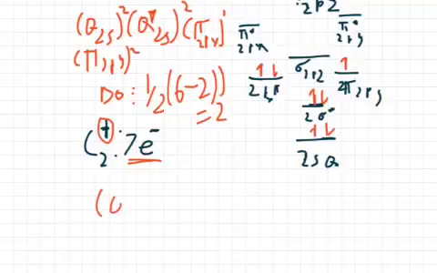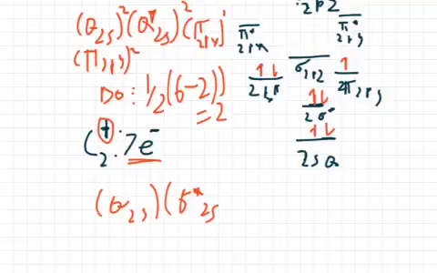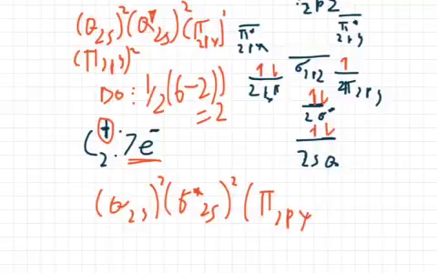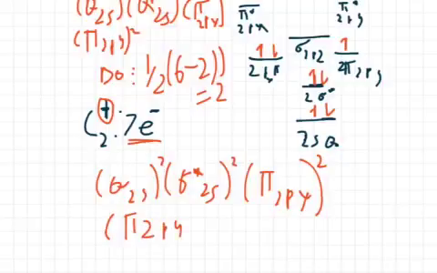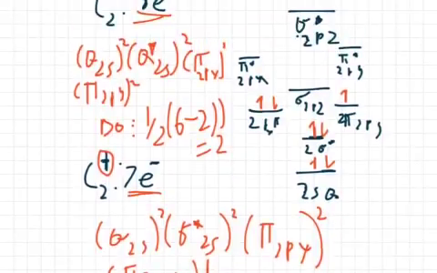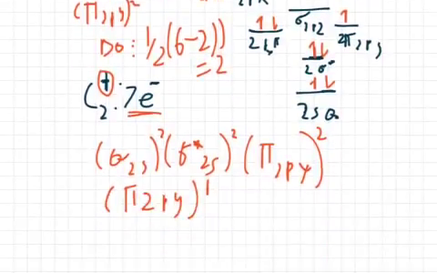So again: sigma 2s and sigma star 2s both squared, pi 2px squared, and pi 2py 1. Again, the total is 8 electrons here and 7 electrons there.